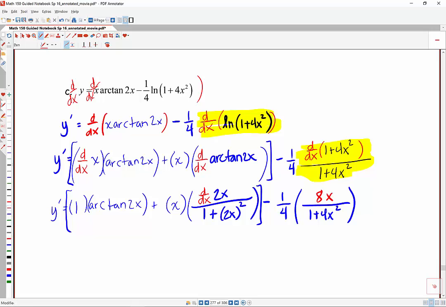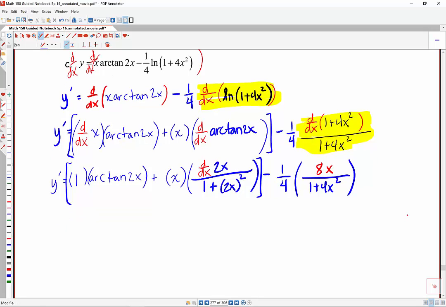So moving along, this will be y prime is equal to arctangent at 2x plus x times 2 over 1 plus 4x squared. That's continuing work on this first one. And then do you see the 4 divides out some of the 8?